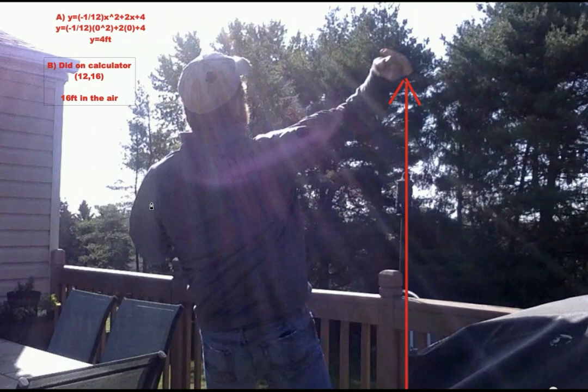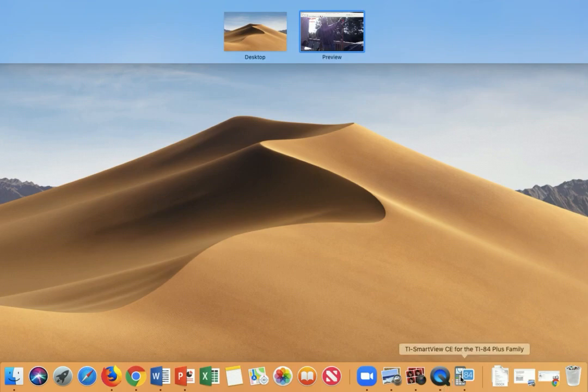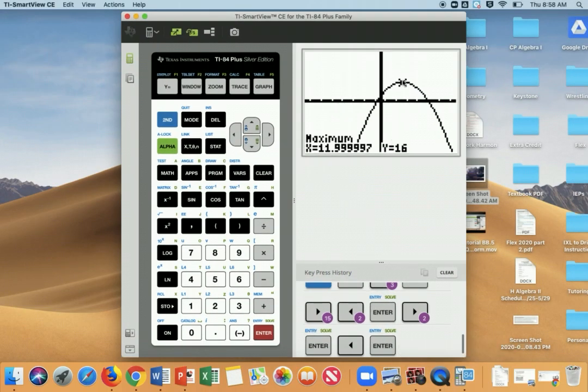Now it says, how far from the child does the ball strike the ground? Well, again, let's go back to our calculator. So this was the maximum. This is the height it started in my hand, the maximum height it got, and we're asking for this point all the way out here.